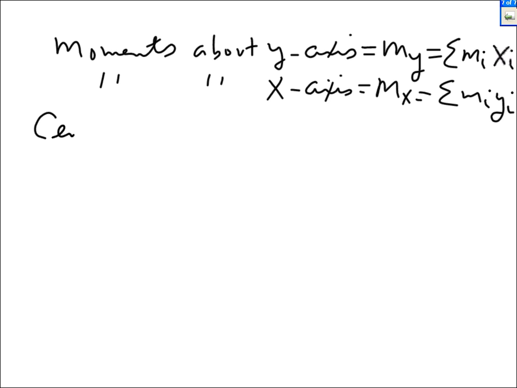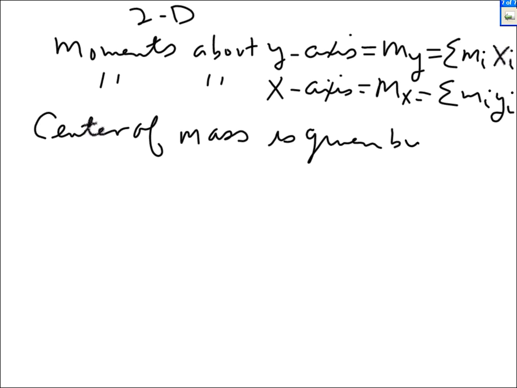Now, so again, we are now in 2D, not just on a linear line. We're in 2D. The center of mass, which is also the center of gravity, is given by, well, it's going to be some point. What's the center of mass?